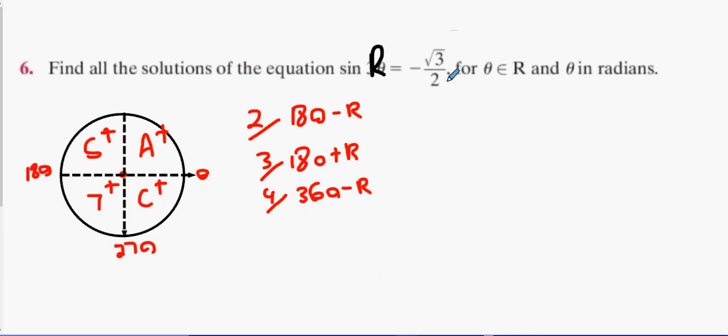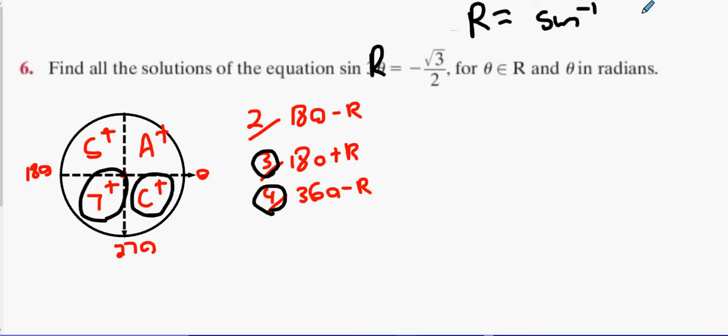First of all, is sine positive or negative? What does that mean? What two quadrants are in effect? T and C. Which means what? You're using those two there. Is that alright? Now, ignore that it's minus. And what I'd like you to do is sine inverse root 3 over 2 for me.